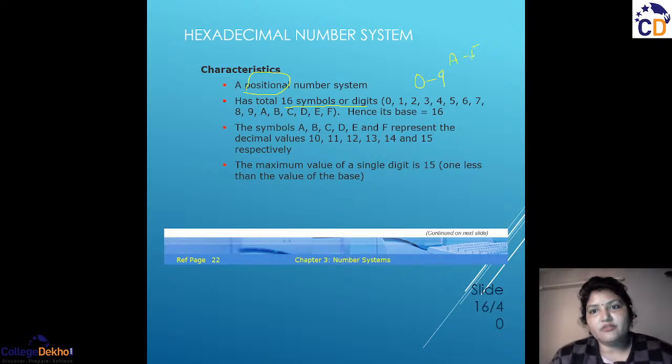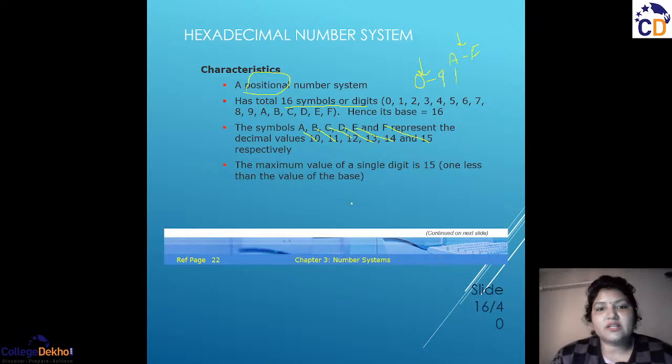So we can have the value in a hexadecimal number that ranges from 0 to 9 or from A to F. Basically A means 10, B means 11, C means 12, D means 13, E means 14, and F means 15.